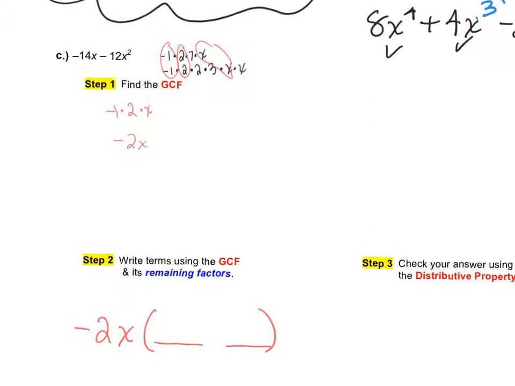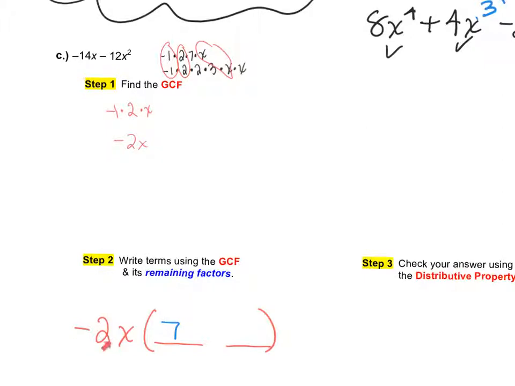And then you ask yourself, negative 2x times what gave me negative 14x? And that is positive 7. Because negative 2x times 7 is negative 14x.